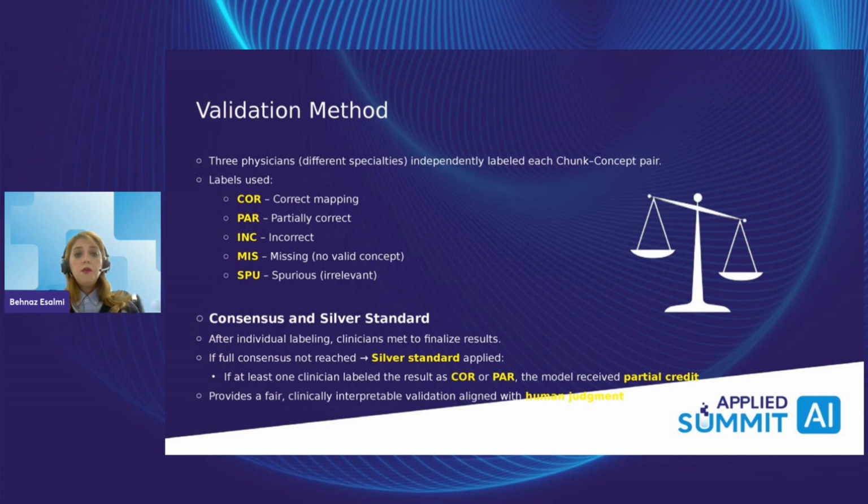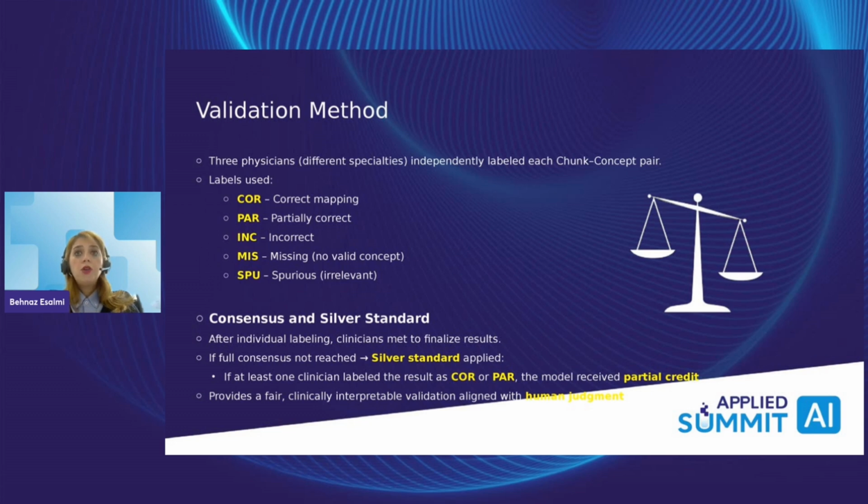We created a hybrid framework, and actually, the most important part of each system and each tool is the validation method. In order to do the validation, we had three physicians from different specialties who labeled every chunk-concept pair. They used five categories, including correct, partial, incorrect, missing, and spurious.